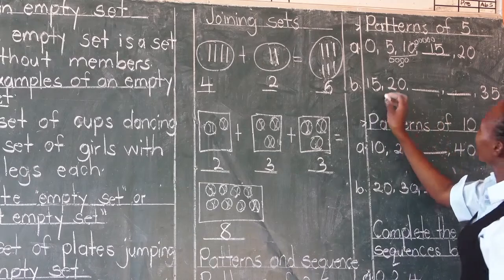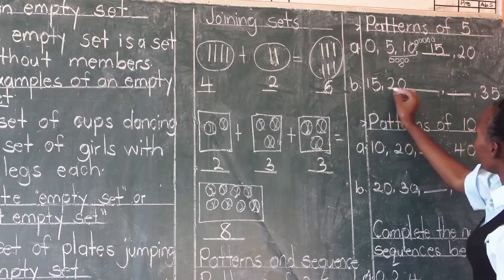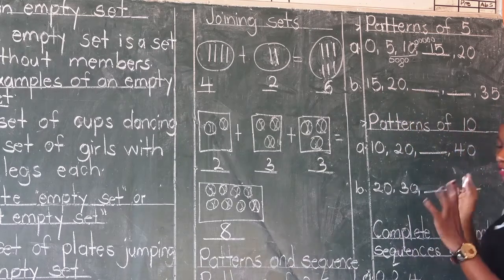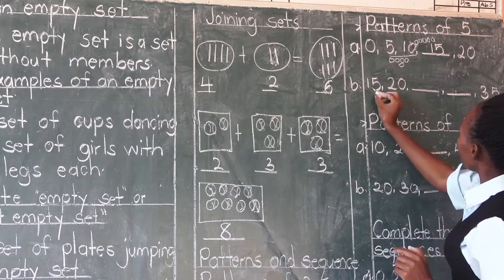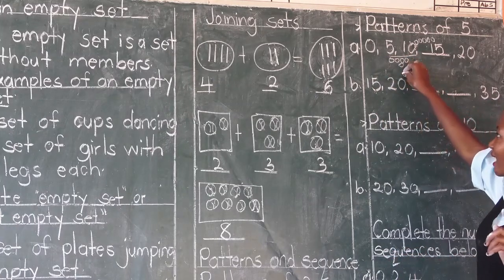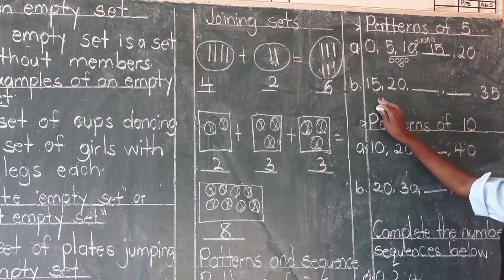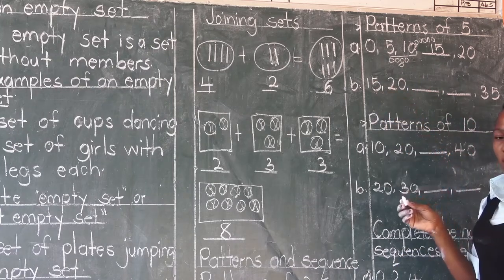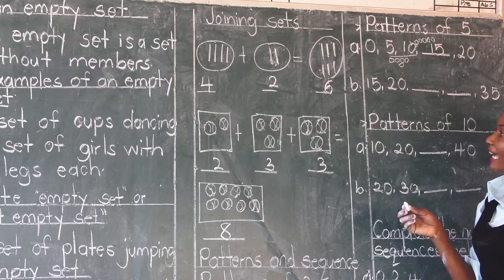Then here we have 15, 20. Still, we've said we are going to first find the difference. What did they add on number 15 to get number 20? Now we are going to draw the balls here. That's why I said let's put 15 in our head.